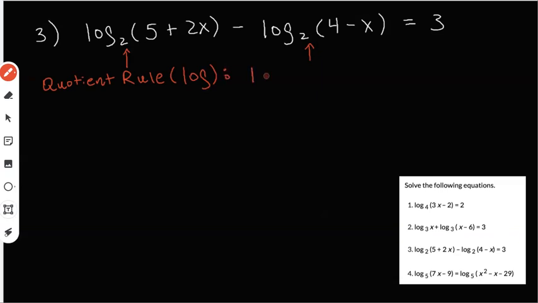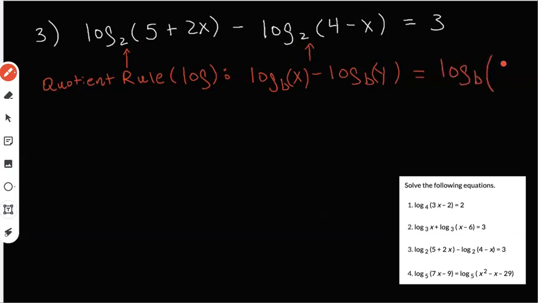So what the quotient rule says is if you have two expressions and they have the same base, but they have different things in parentheses, let's just put these in parentheses, and if you have subtraction in the middle, then you can change that subtraction to division.